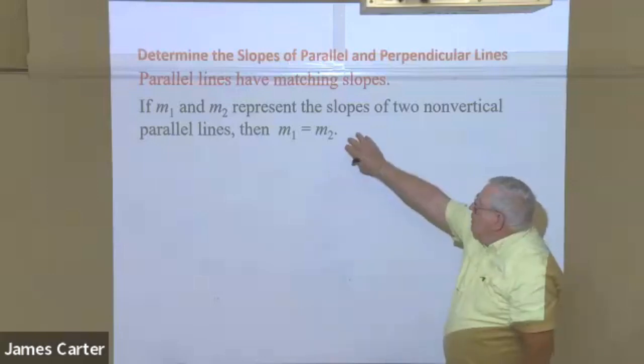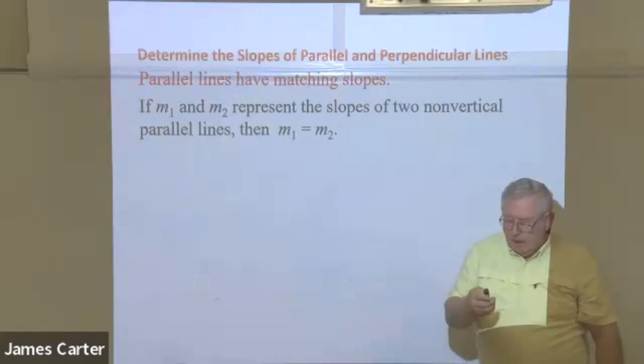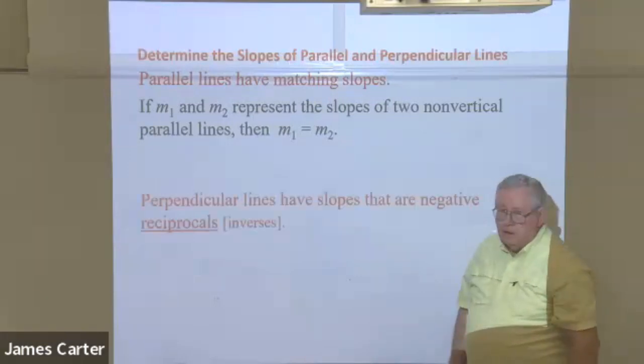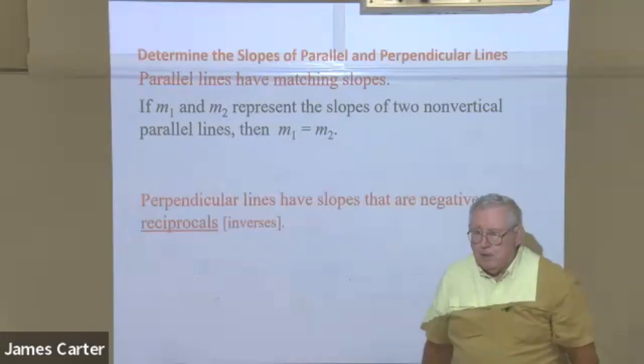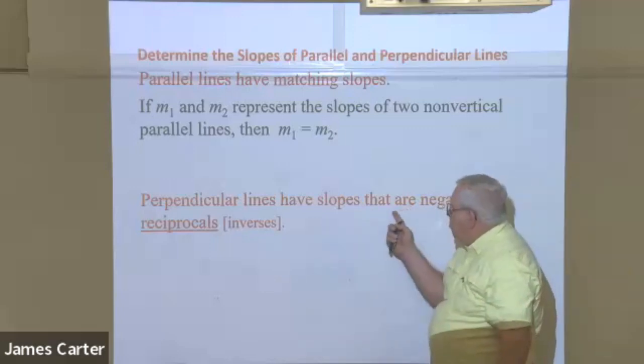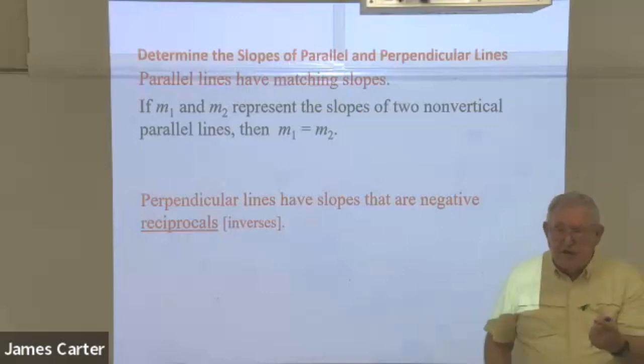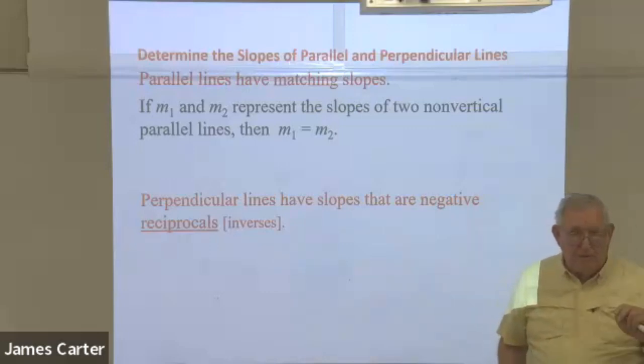That's translating that into English. Now, what about perpendicular? If they are perpendicular lines, then the slopes are negative reciprocals of each other, opposite sign and flipped.